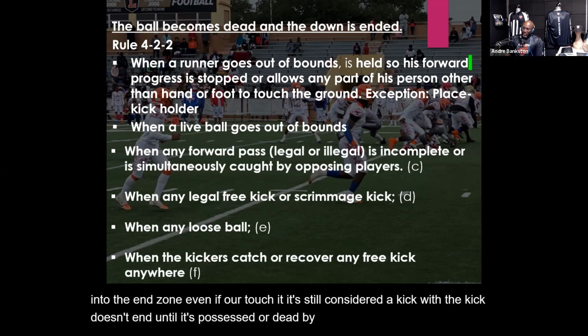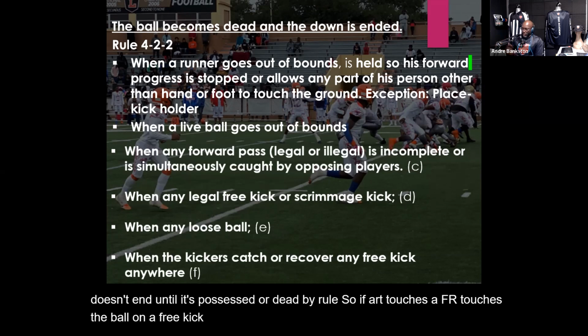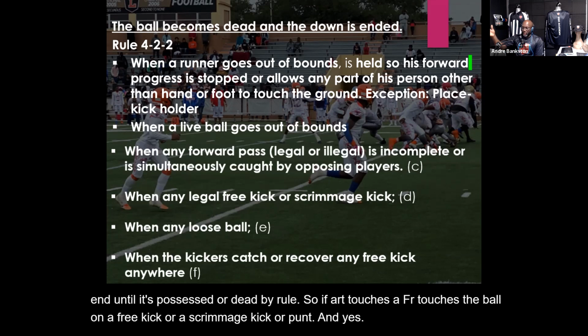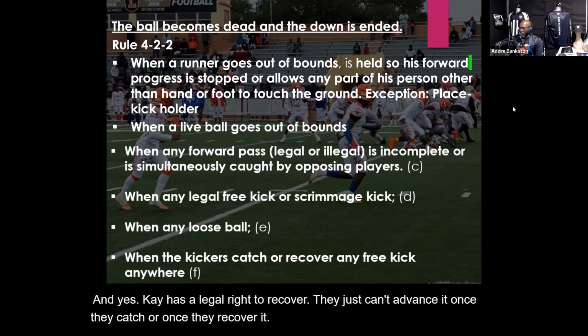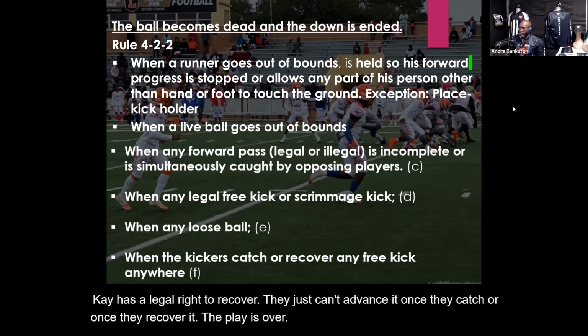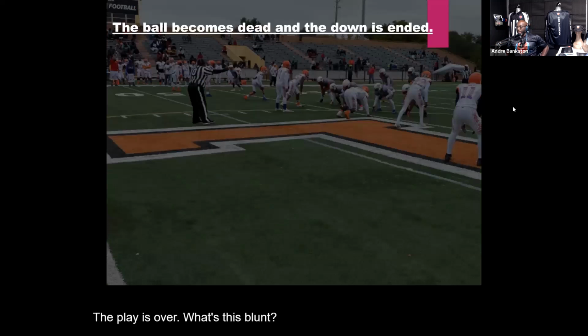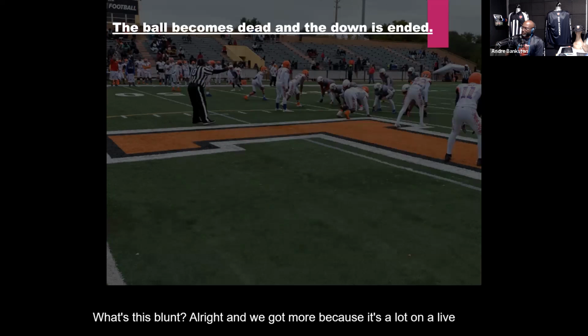So if R touches the ball on a free kick or a scrimmage kick or punt, K has a legal right to recover it. They just can't advance it. Once they catch or recover it, the play is over. Whistle's blown. All right, and we got more because there's a lot on a live ball becoming dead.